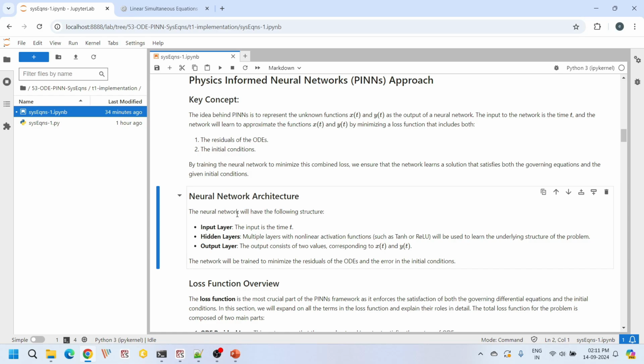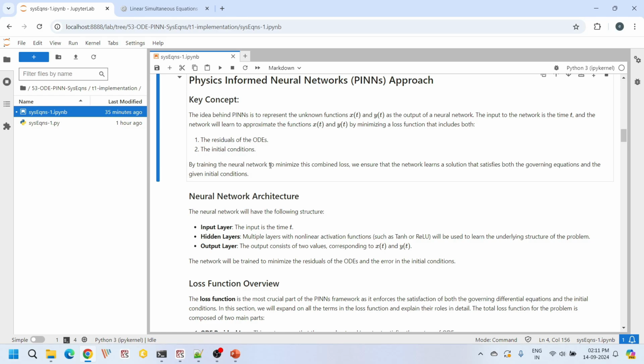This is the basic network architecture, and this network will learn to approximate the solutions x of t and y of t by minimizing a loss function. This loss function is formulated using the residuals of the ODEs and the initial conditions.